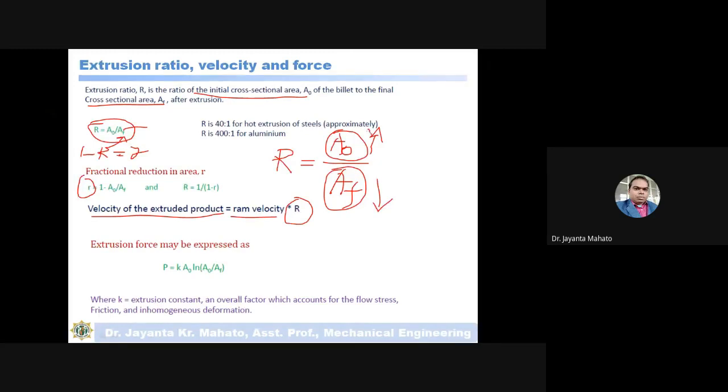A naught is constant, so you cannot increase it. So R more means A f is less, meaning more cross-sectional reduction is possible. Okay. A higher R is possible in the case of more ductile materials like aluminium.